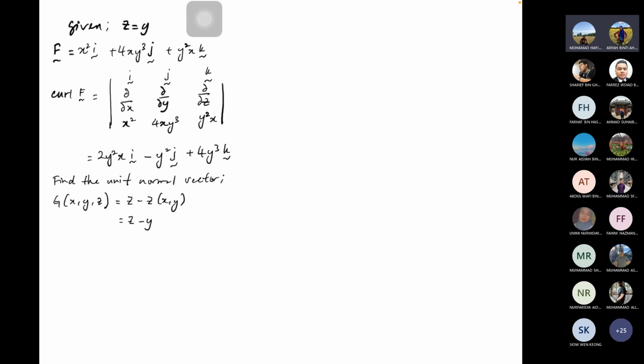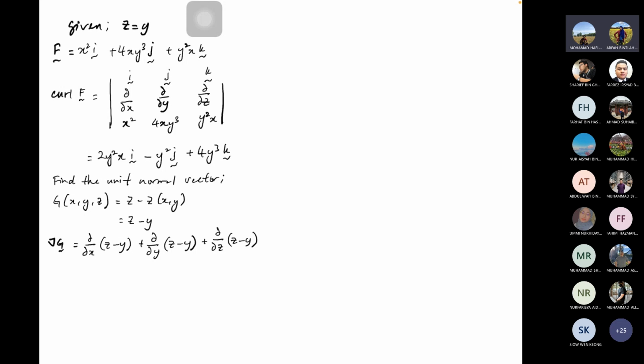So from this one, delta G equal to partial derivative terhadap x of z minus y, plus partial derivative terhadap y of z minus y, plus partial derivative terhadap z of z minus y. Okay.